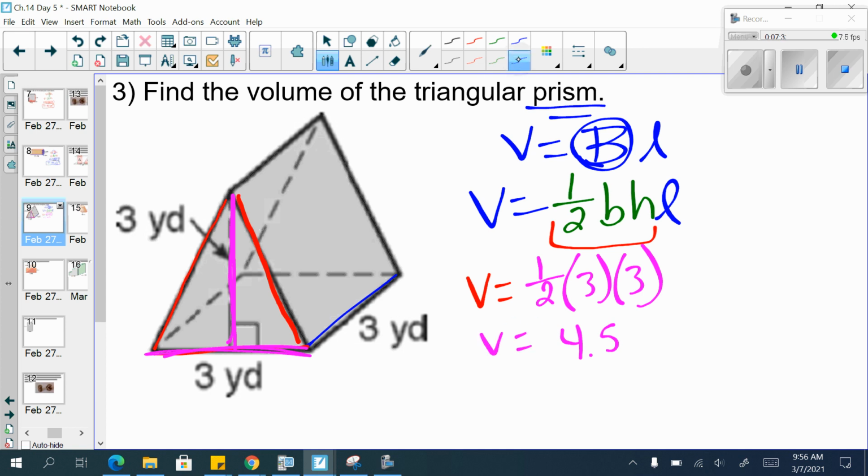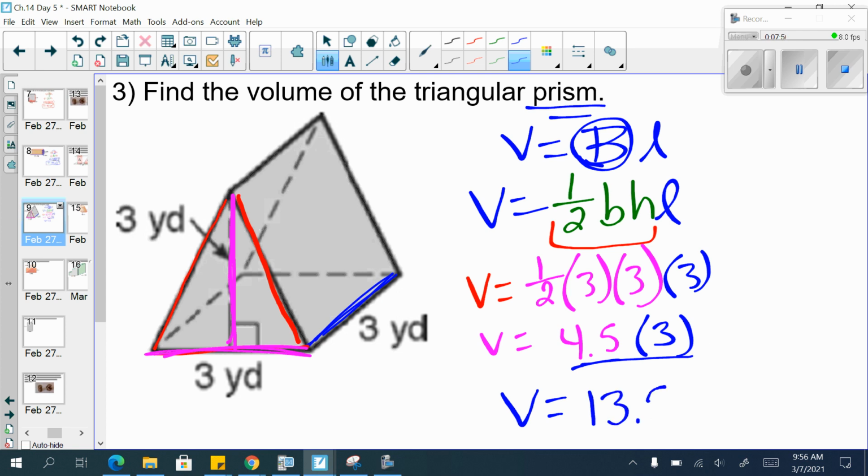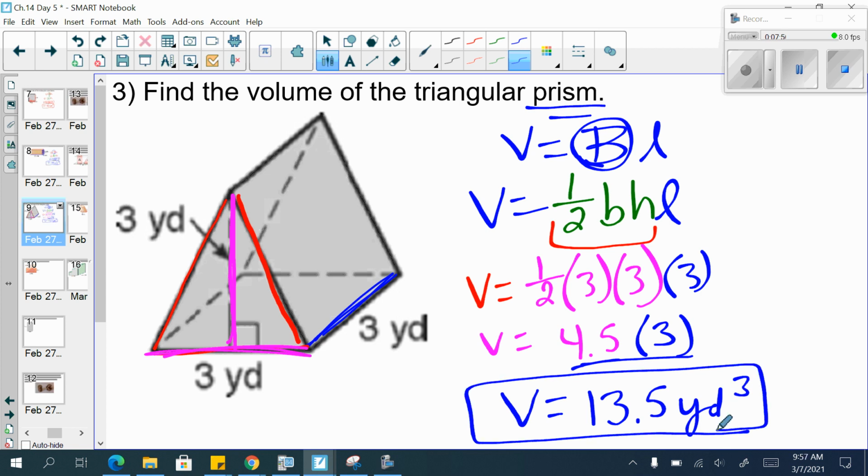And then we have to multiply that by the height, which is also 3. So go ahead and take that area of the base times the height and see what you get as your final answer. So the area of the base, 4.5 times the height, 3, is going to give us 13.5 cubic yards would be our unit this time. Again, volume is always going to be measured in cubic units.